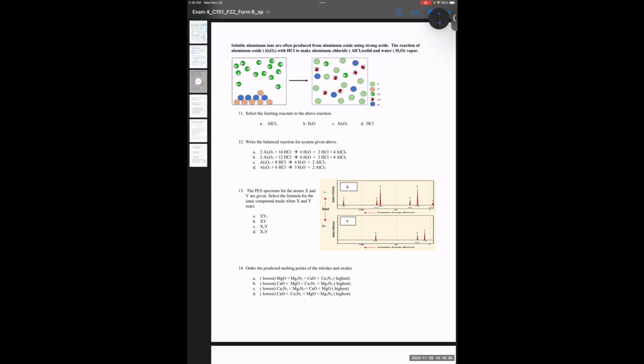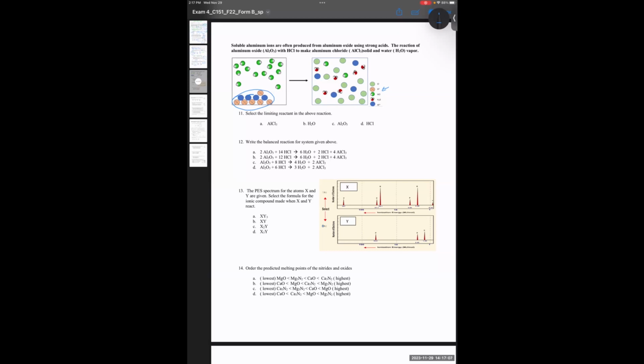Now the thing is this, our oxygens: this is O2 minus, right? Oxide ions. So that is completely gone now, meaning we have completely utilized this reactant over here, which is aluminum oxide.